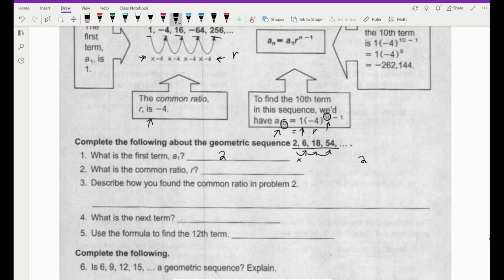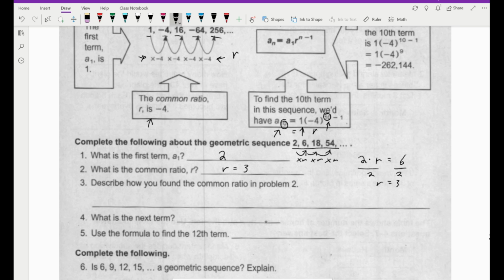Well, each time we have to multiply by the same number. I'll call it r. So 2 times r has to equal 6, the very next number, because we're going from 2 to 6 to 18 to 54. If we solve for r, we're going to divide both sides by 2, and we get r is 3. So we know the common ratio is 3.